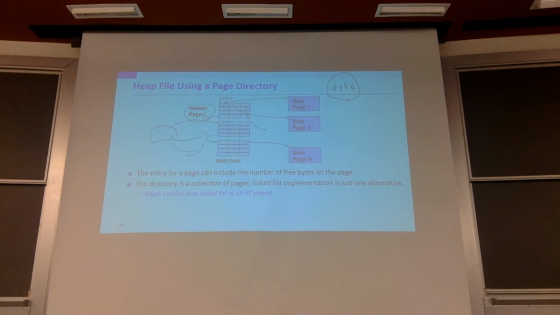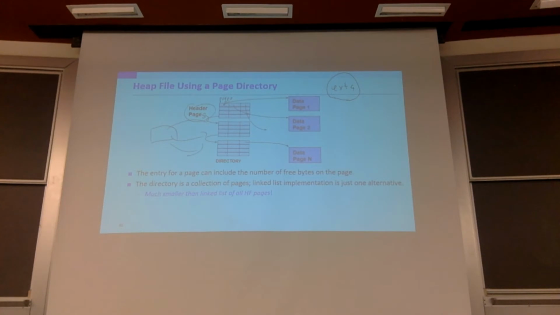So the way you avoid that is you use a directory of pointers. Basically you have a bunch of pages that only contain those pointers to different pages. And when you want to traverse to some page, you basically only need to traverse the directories, okay? Because the directories are generally much smaller than the data pages, so you only need to traverse much fewer pages to get the correct pointer.